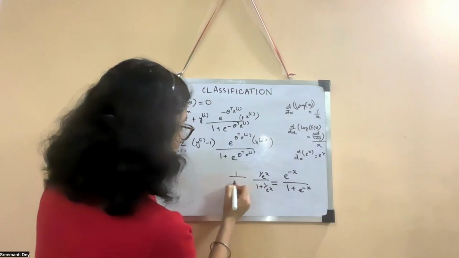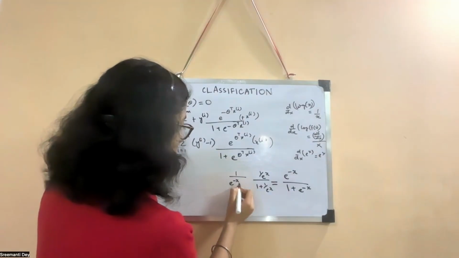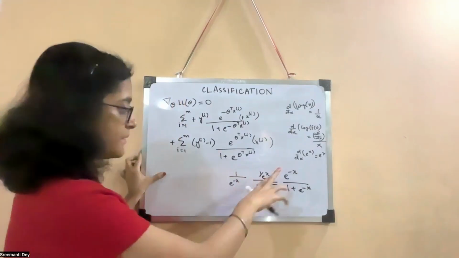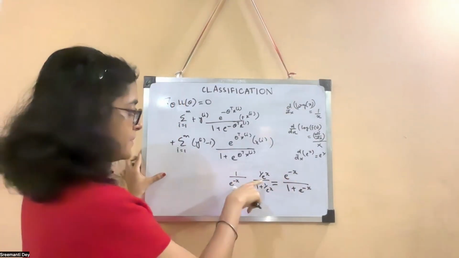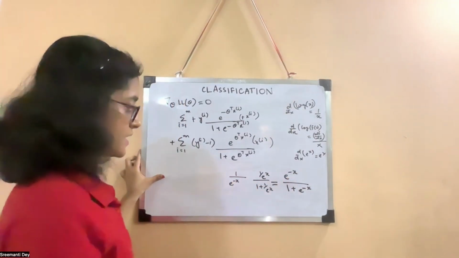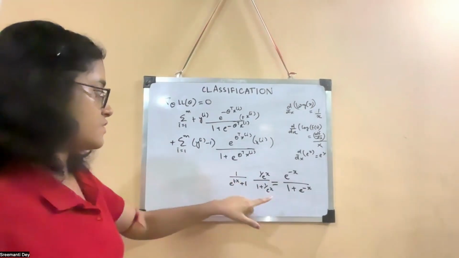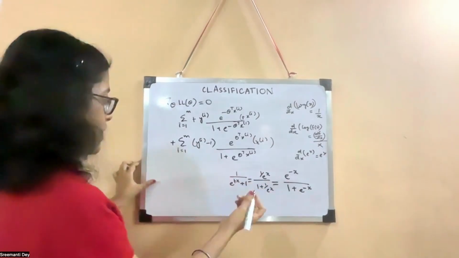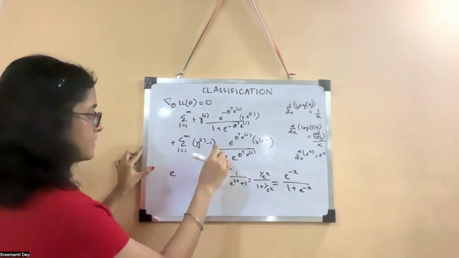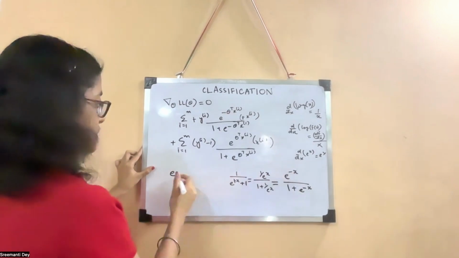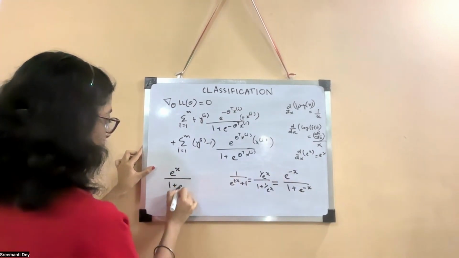We would have 1 by e to the power minus x. We're multiplying with e to the power x. So we would have e to the power x plus 1. Correct? These two are the same. You agree? Now we use the same thing with e to the power x, where we have 1 plus e to the power x.